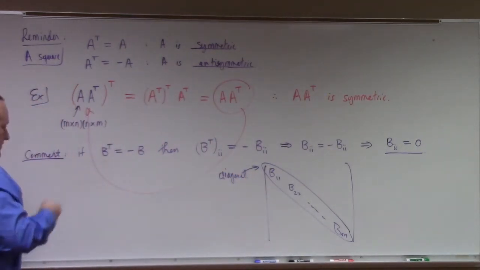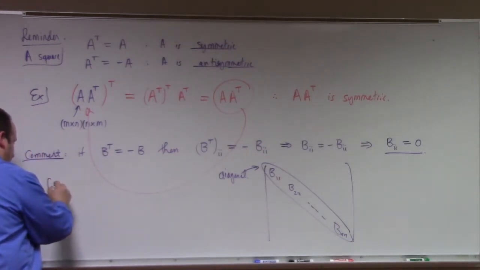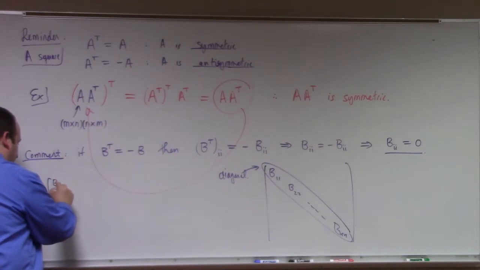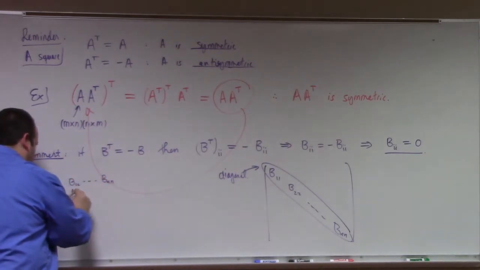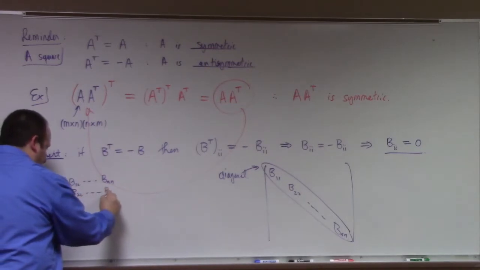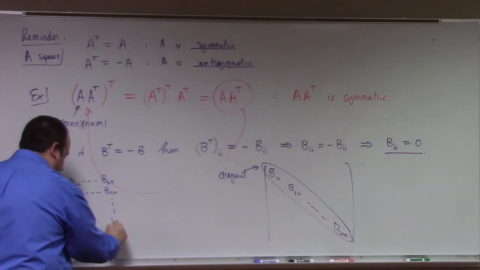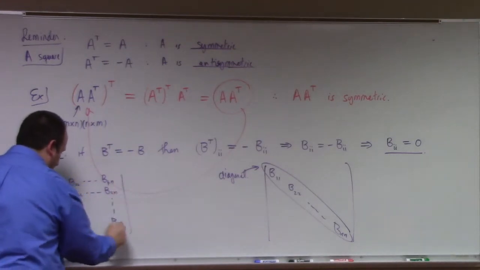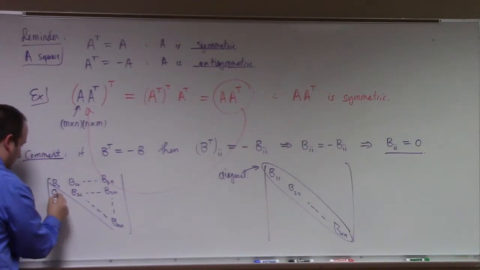Similar terminology we should talk about a little bit. What happens if I've got a matrix that looks like this? I've got B11, B12, up to B1n, B22, B2n, and so forth and so on, Bnn, and so my diagonal's possibly non-zero, but then down here, I've got zeros.